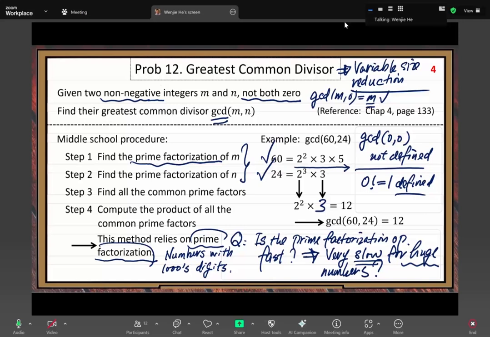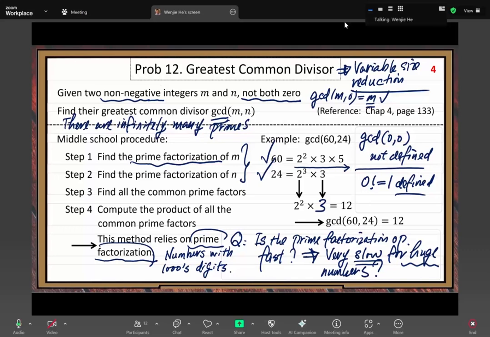We know there are infinitely many prime numbers, right? In number theory, there is a result: there are infinitely many primes. This result was proved in ancient history.